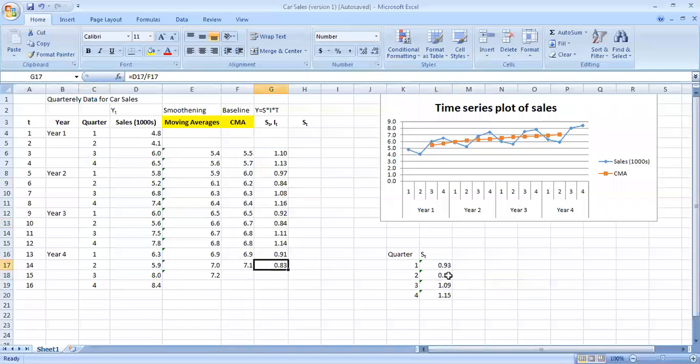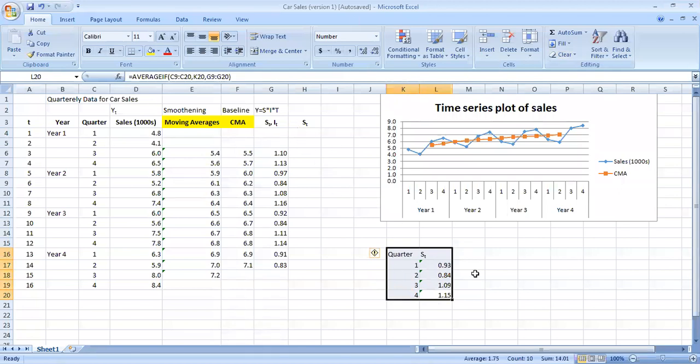Is it clear? I hope it's clear for everyone. So that's how we can come up with the seasonality factor. We have got rid of the irregularity factor now. I hope it's clear, students. So now we have come up with the seasonality for each quarter, for all 4 quarters.